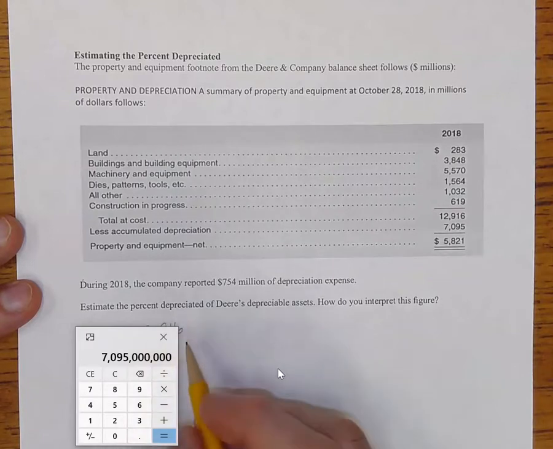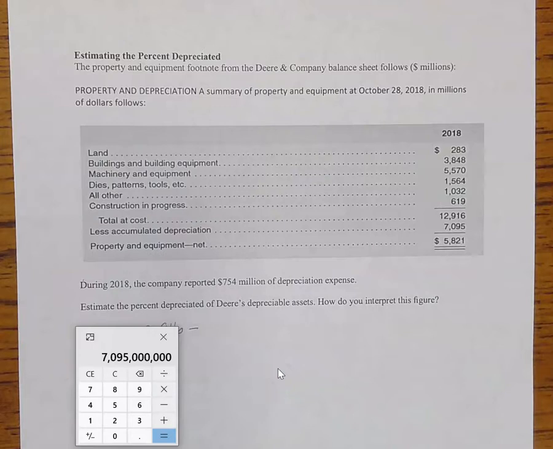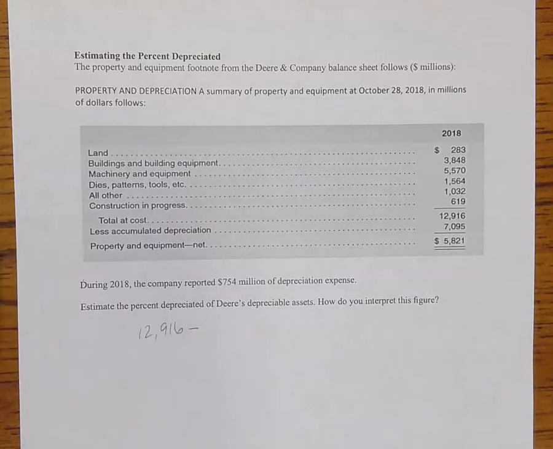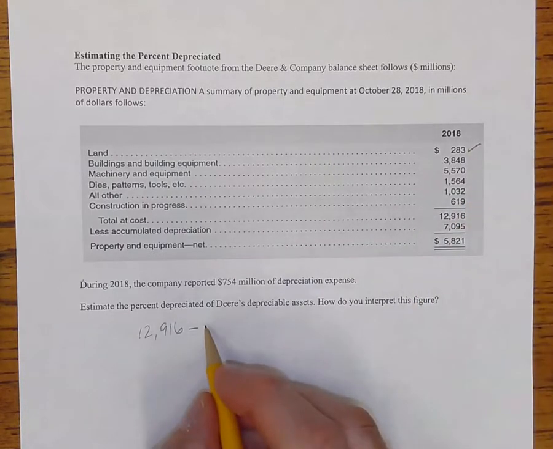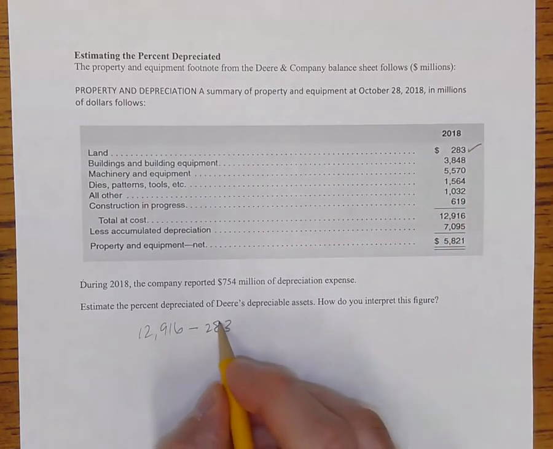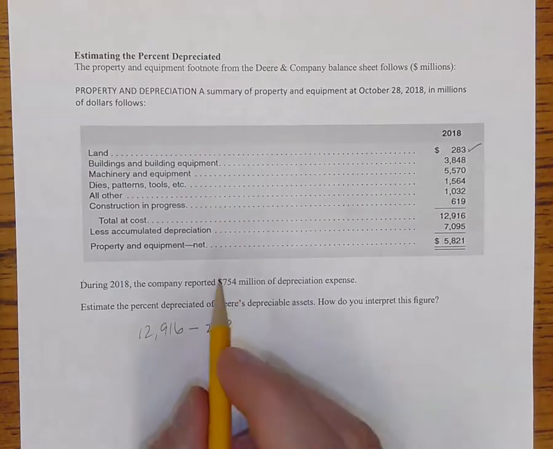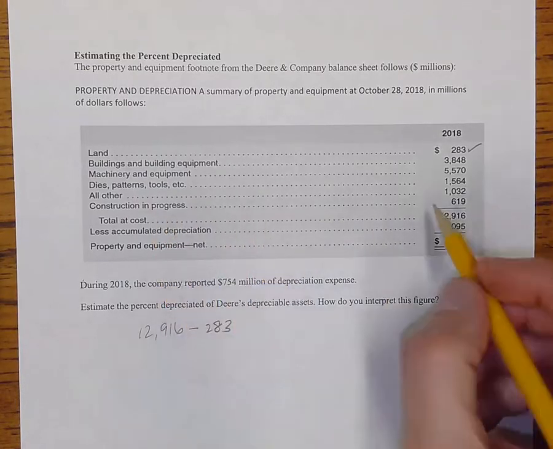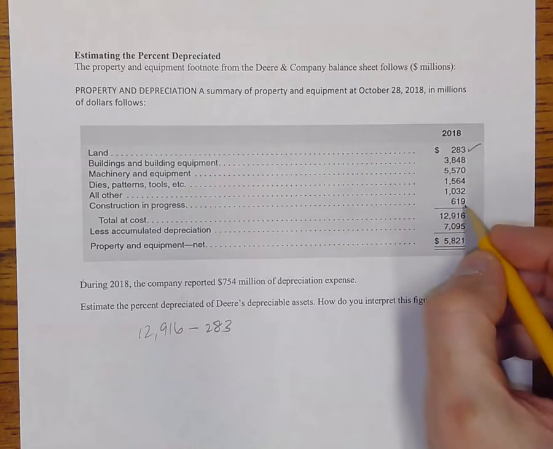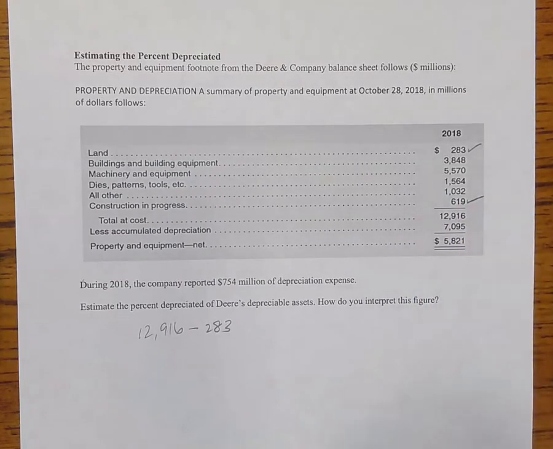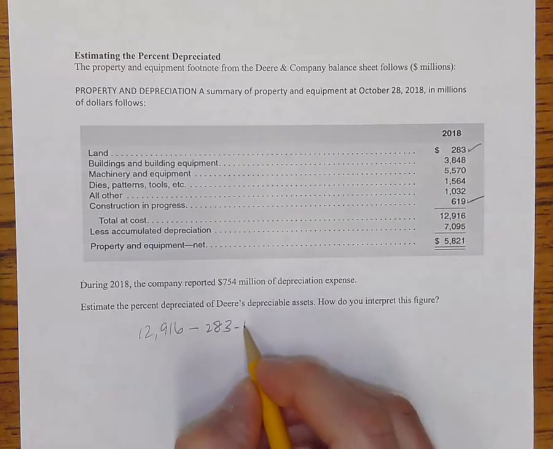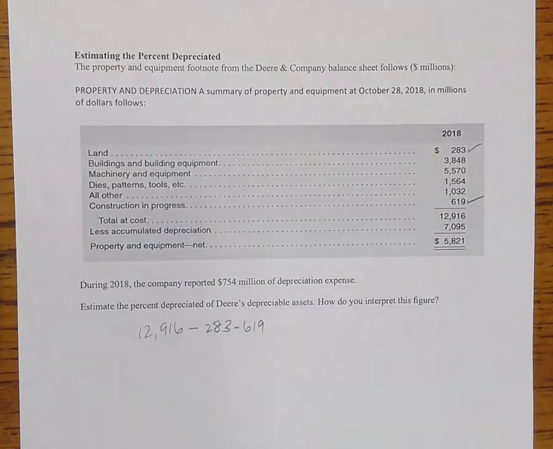However, we need to subtract from that. Let me move my calculator here. I guess that would help. We need to subtract from that the non-depreciable assets. Land is not depreciated, and construction in progress is an inventory item, so we're not going to depreciate it either.